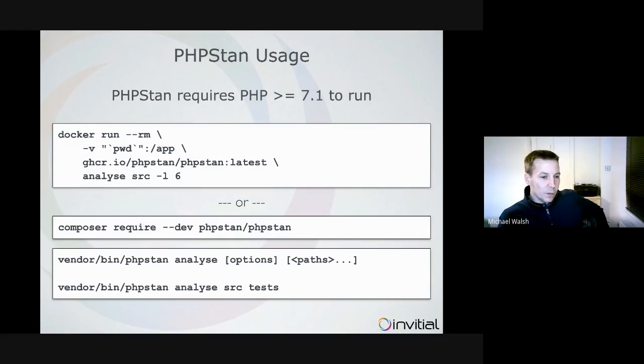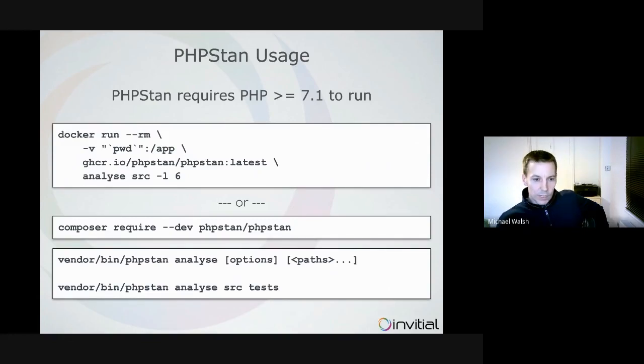The best way to do that would be to probably use Docker. So with the commands with Docker, if you're familiar with Docker, this is going to run a container. It's going to mount your current working directory into a folder in the container, /app. It's going to pull the PHPStan image, the latest one.